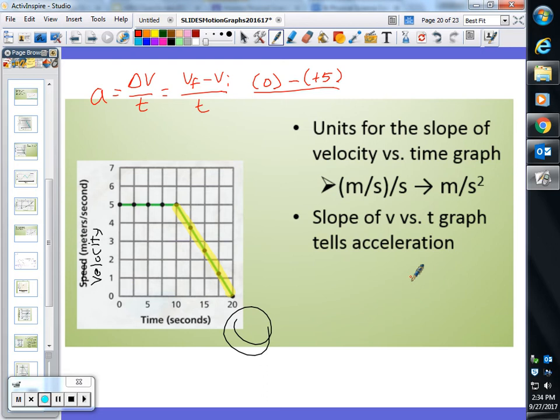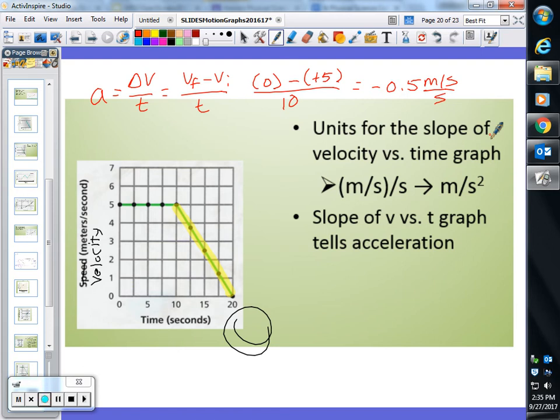How much time goes by? 10 seconds. So what is the acceleration of this object? Negative 0.5. Okay? Does that make sense? Good. All right.